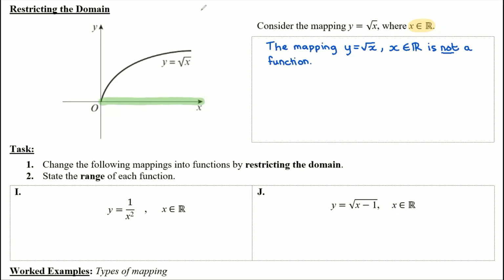Every single element in that set, I'm drawing my wonky line again, maps to a particular y value. So it goes to some element in the range. So if we restrict that domain to just the positive real numbers, we're okay.